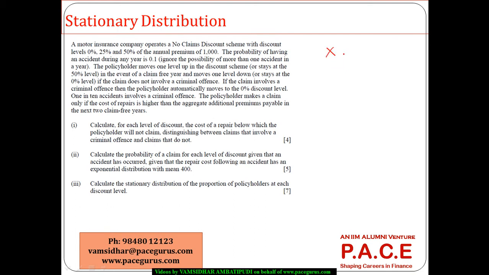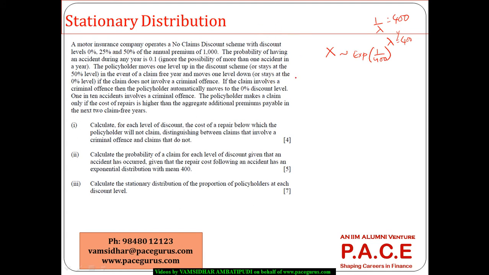So X, which is the repair cost, has an exponential distribution with mean 400. So 1 by lambda is 400, so lambda is 1 by 400.